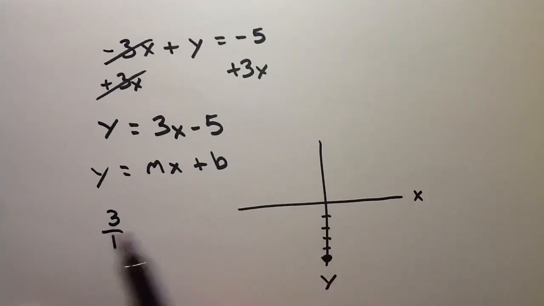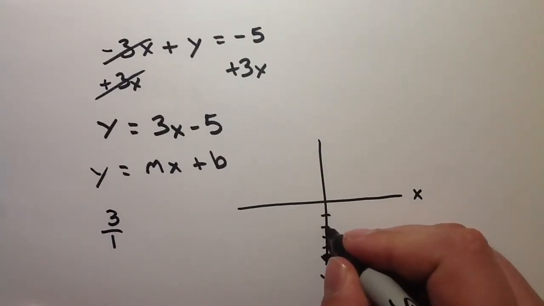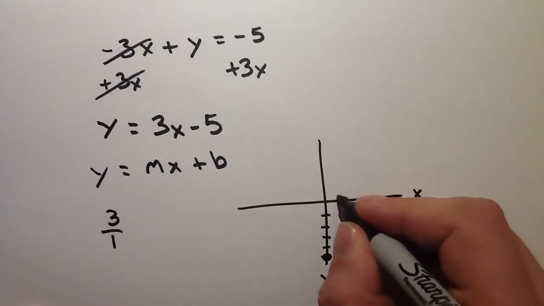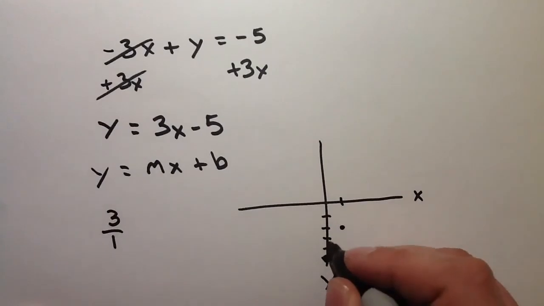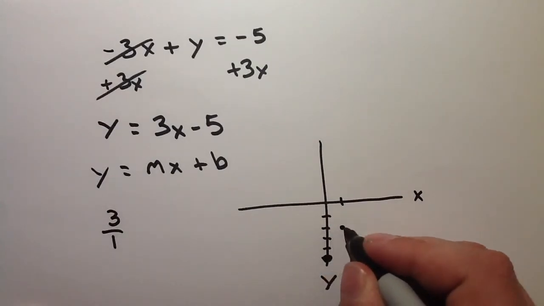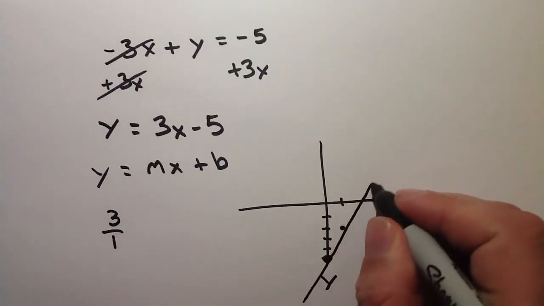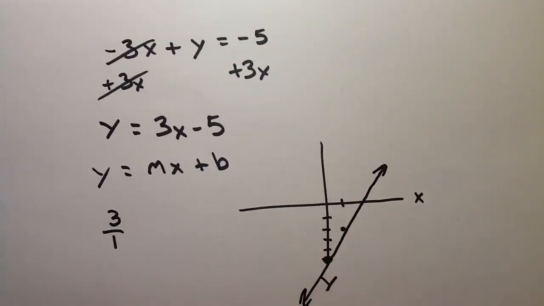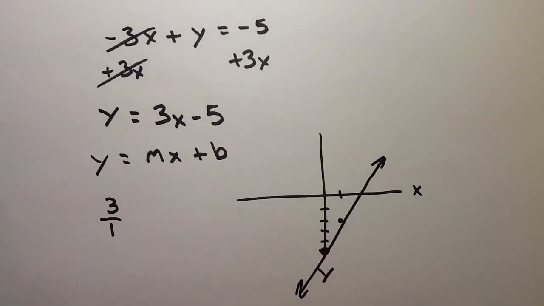In this case, I have a positive 3, so I want to rise 3, 1, 2, 3, and run 1. So I put a point right there. Again, from the b, rose 3, run 1 over 1. Now that I have my 2 points, I can go ahead and draw a straight line. And there you have it. That's the graph of y equals 3x minus 5.